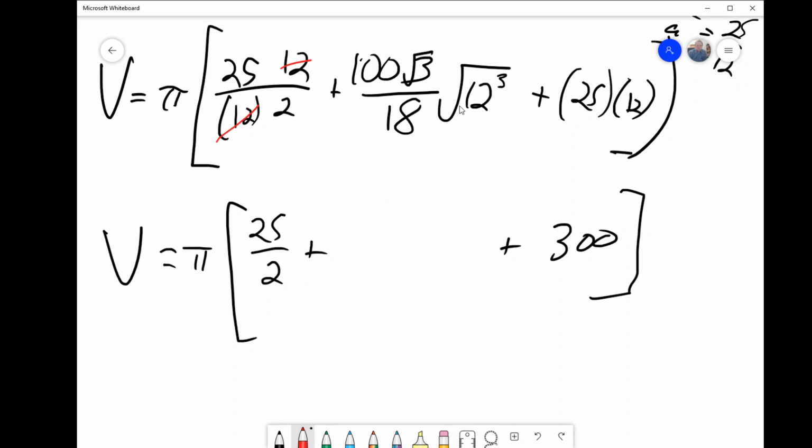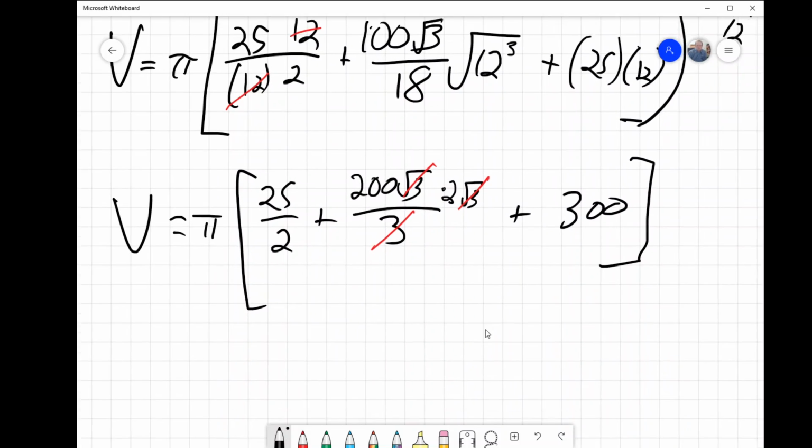Now that 12 simplifies with the 18 to make a 2 over 3. So that is a 200 root 3 over 3. Now that root 12 that we have left gives us another factor of 2 and another root 3. So this 3 cancels with these 3's, and we get 2 times 200, or 400.